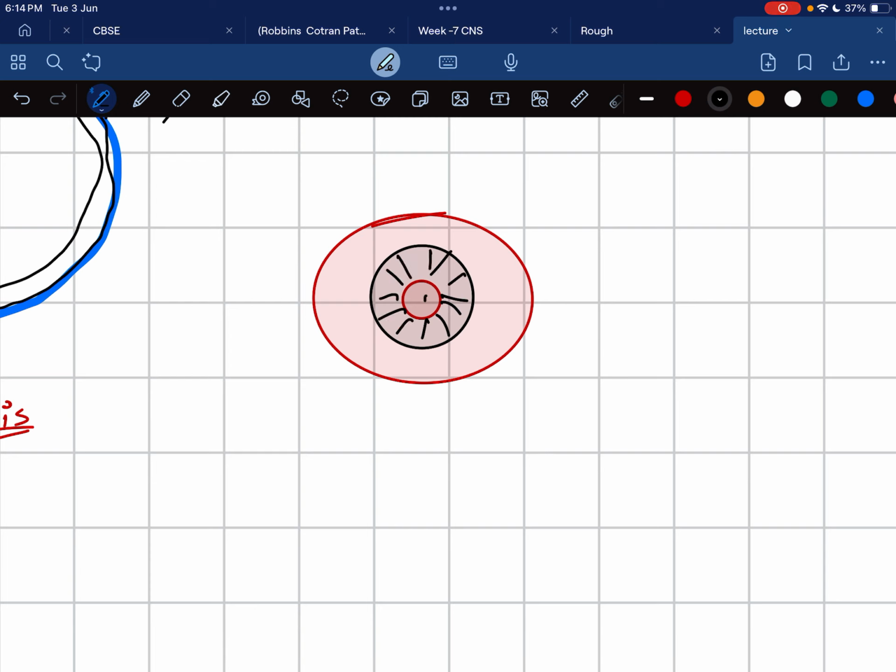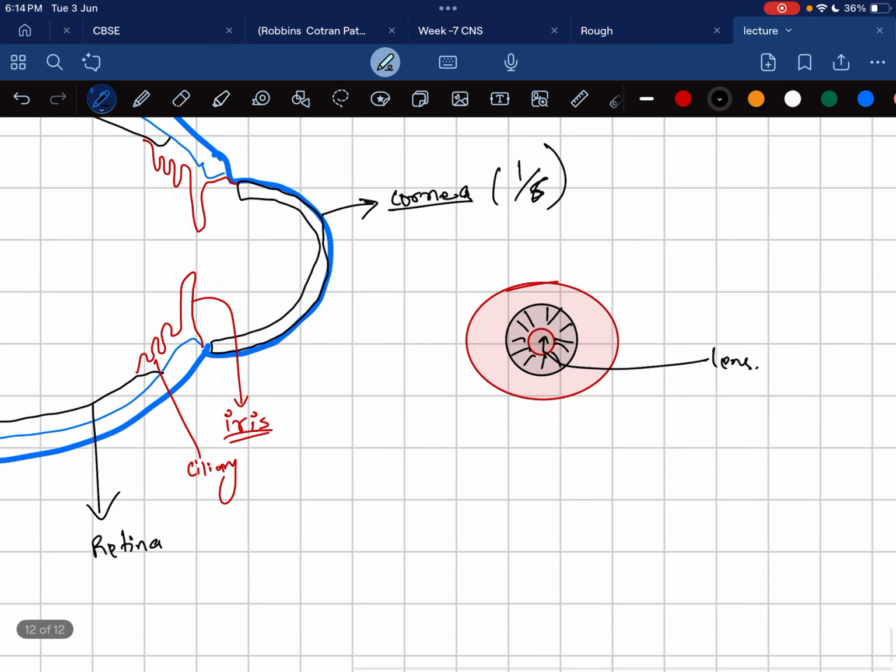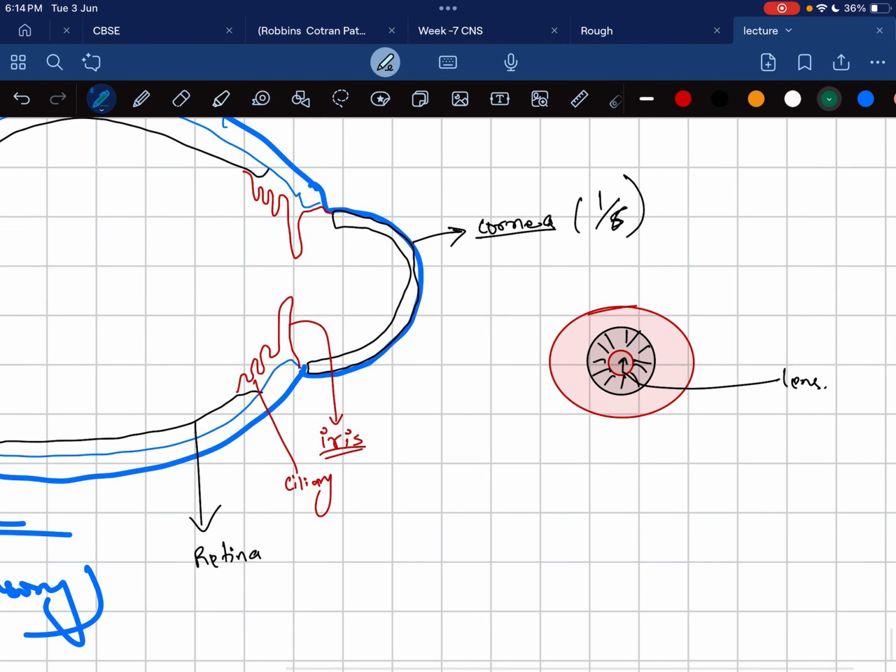Inside that there is a lens, and light passes through. The iris muscle controls the diameter of the pupil.